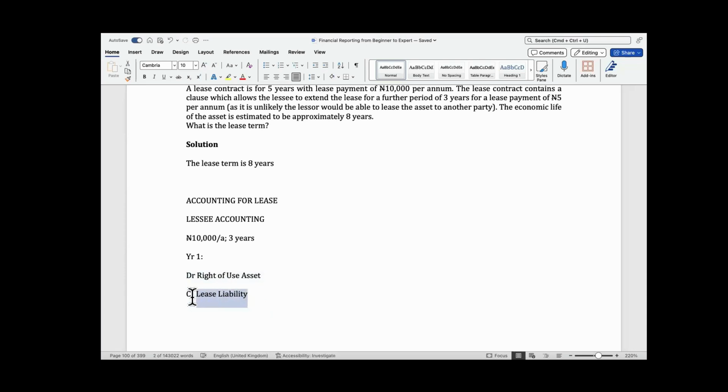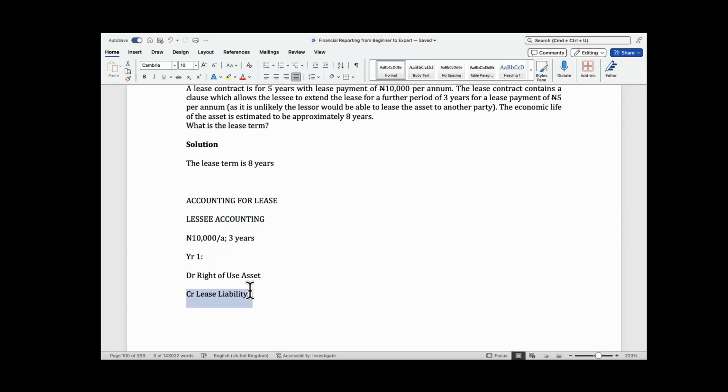The reason we are crediting lease liability is because right from the inception of the lease, right from the agreement, the lessee has an obligation to pay 10,000 naira, not for 1 year, but for 3 years. And for that reason, we need to credit not just any payable, but a lease liability.